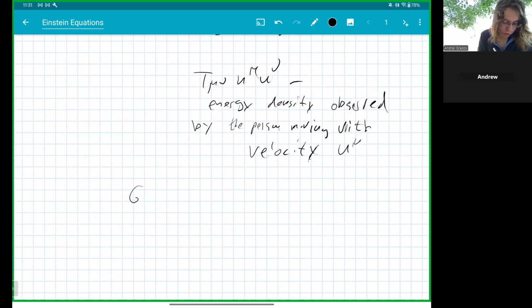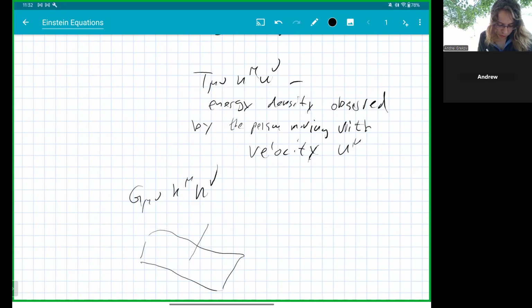And G mu nu u mu u nu is just the curvature of some hypersurface orthogonal to his motion.